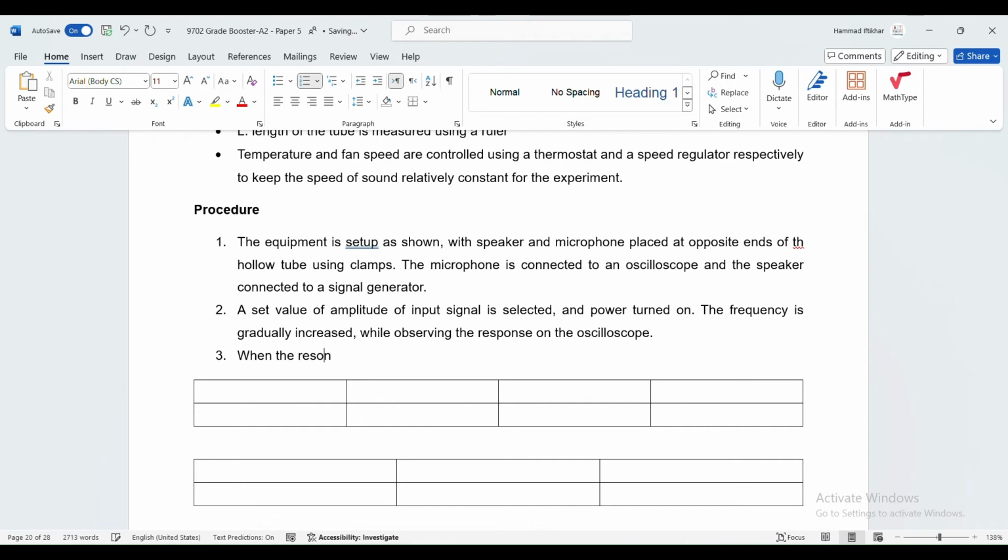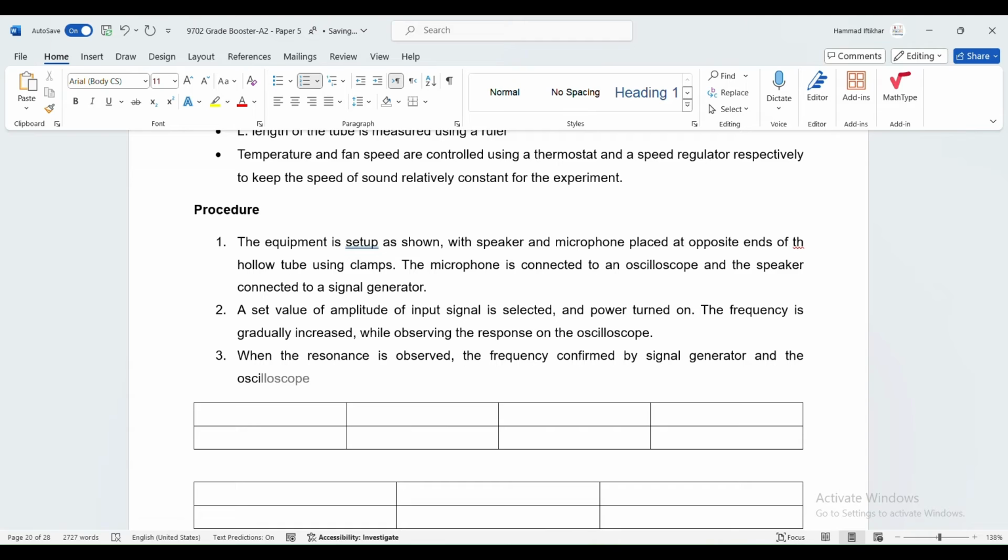When the resonance is observed, the frequency confirmed by signal generator and the oscilloscope reading is recorded.